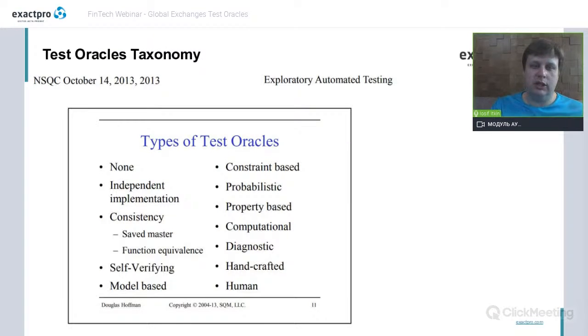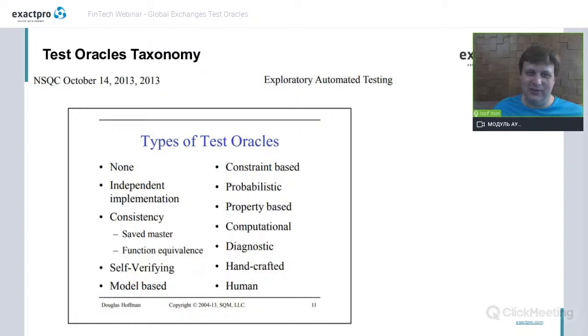Doug Hoffman introduces a classification of test oracle types. So there are 12 of them. Baker's list, 12 oracle types. It is known, independent implementation, consistency, with two subtypes, saved master and functional equivalence, self-verifying, model-based, constraint-based, probabilistic, property-based, computational, diagnostic, handcraft, and human.